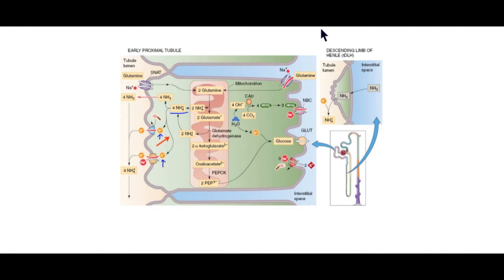So the main role, I should specify that, the main role is actually this guy down here on the bottom. This channel is really where you're going to get your ammonia coming out. So that sodium proton exchanger can also transport your ammonium. You don't really see that as much with the proton pump.